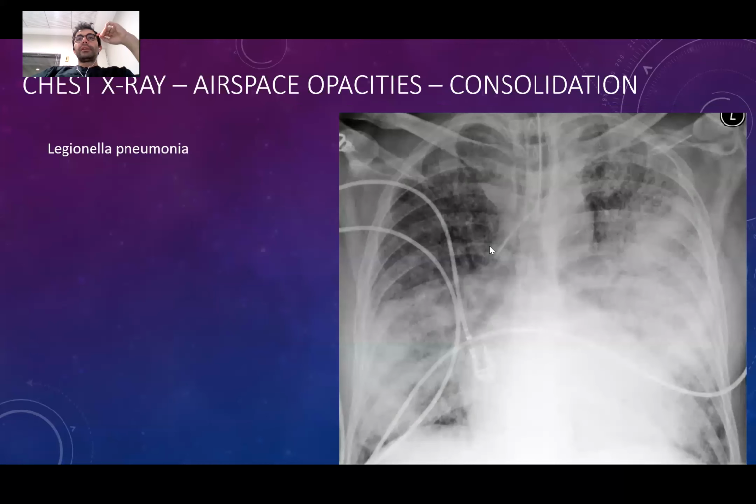Let us go through other examples that can be helpful for us. This is a case of Legionella pneumonia, by the way. So I put this in order to show you how similar it can look. Without looking at the clinical perspective, it is very hard to name the diagnosis just looking at the image. So you should always combine these findings all together, people.